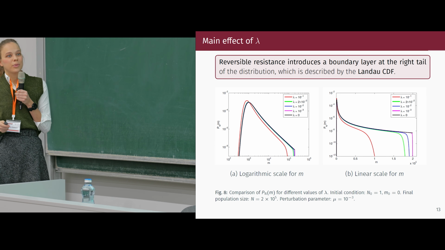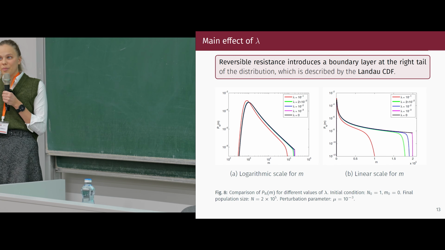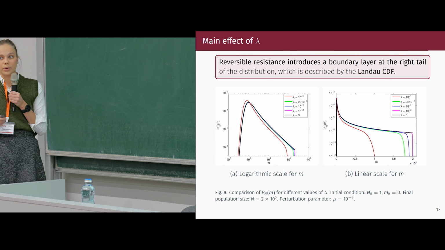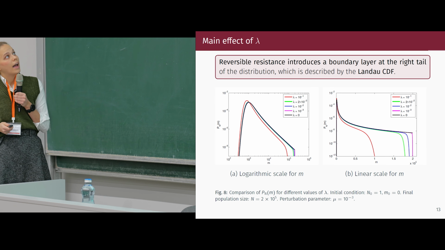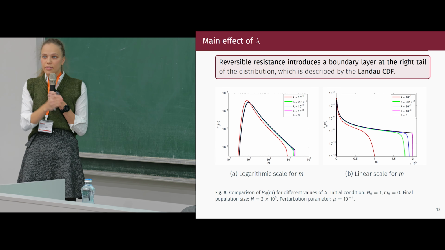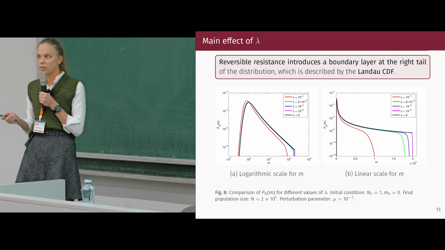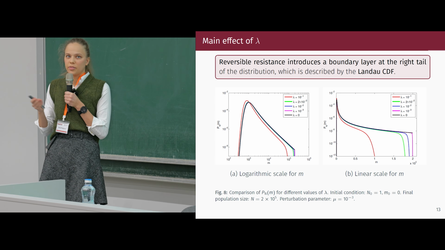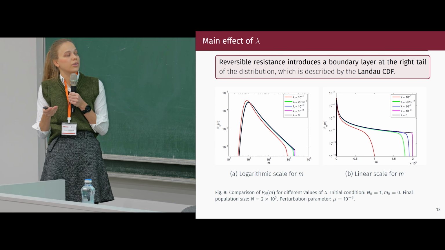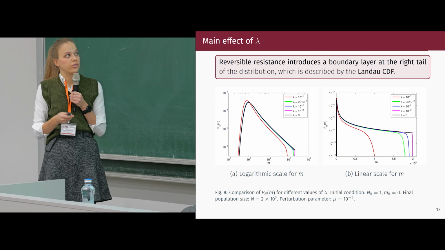So we come to one of our main results, which was to quantify the main effect of lambda. On the left and central part of the distribution, by introducing the reversible transition, nothing serious changes.